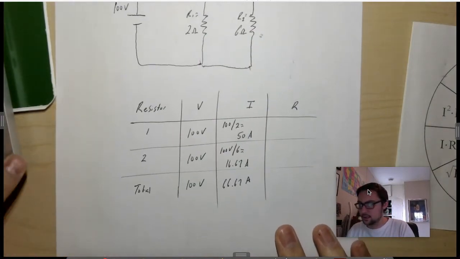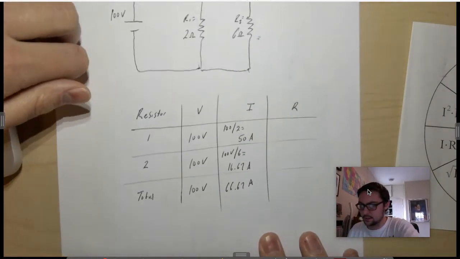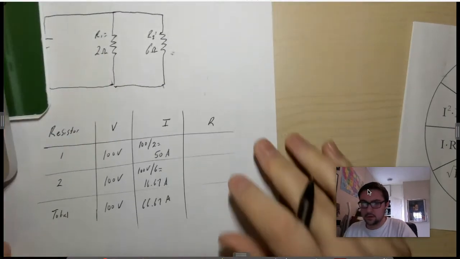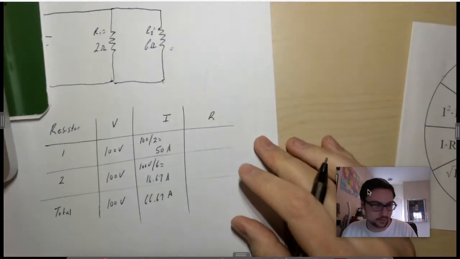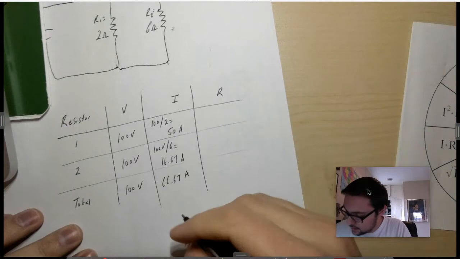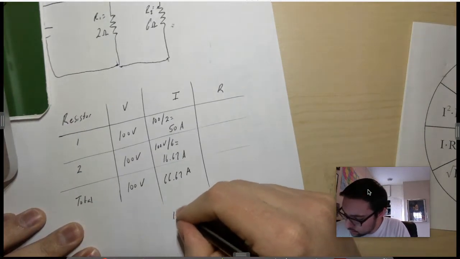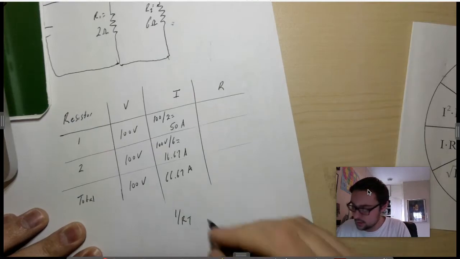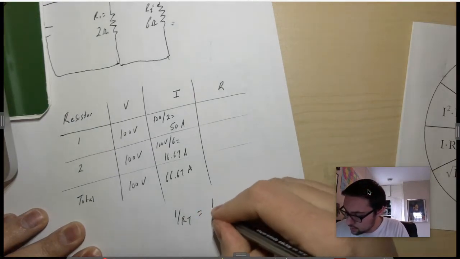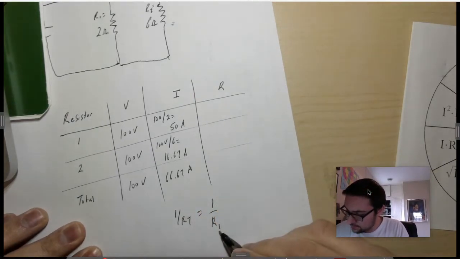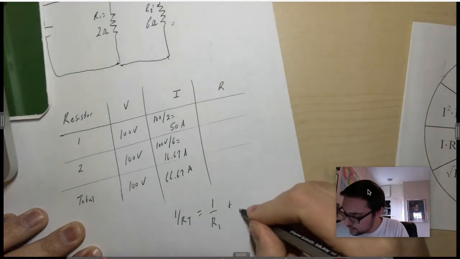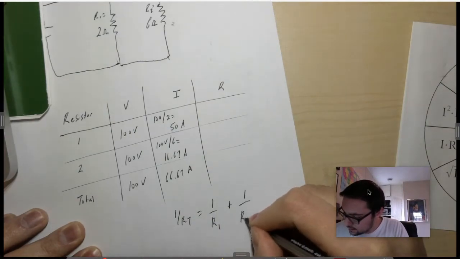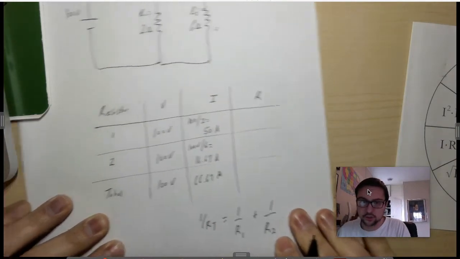The next thing is the resistance, and this is where it gets tricky. We're going to start to have to use a formula for this, and the formula is 1 over RT, which is R total, is equal to 1 over R1, so that's my first resistance, plus my second resistance, 1 over R2.